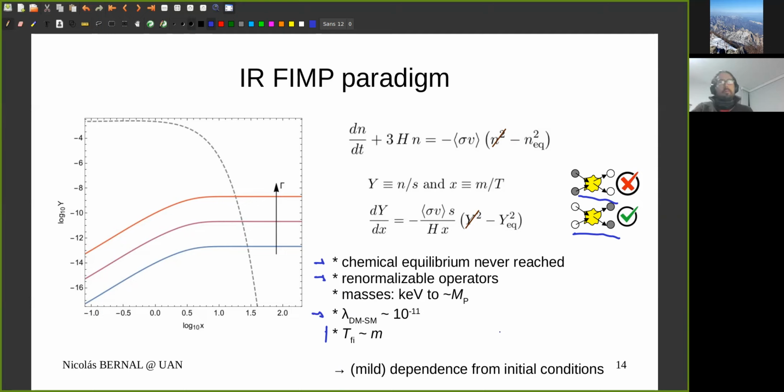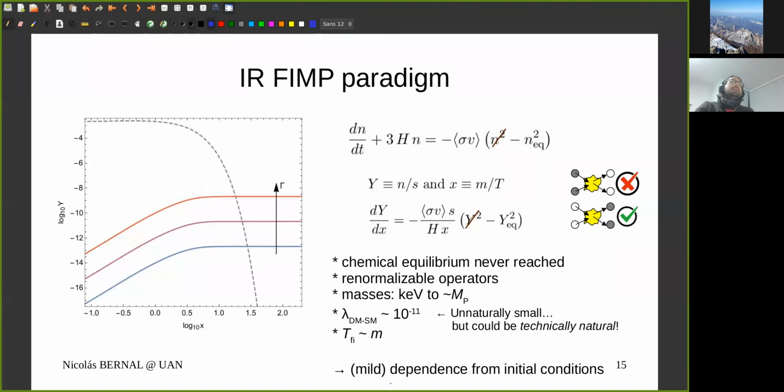So for instance, at reheating, you typically assume that the inflaton is not coupled to dark matter, so there's no direct production of dark matter via the decay of the inflaton. But there is a dependence on initial conditions, even so I would say that it's mild.